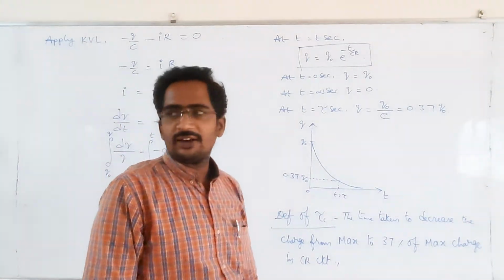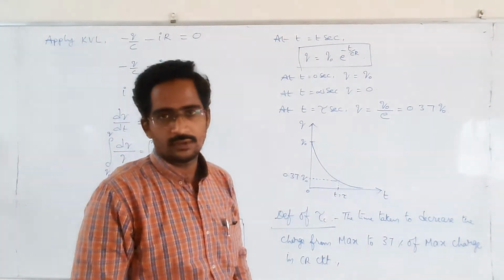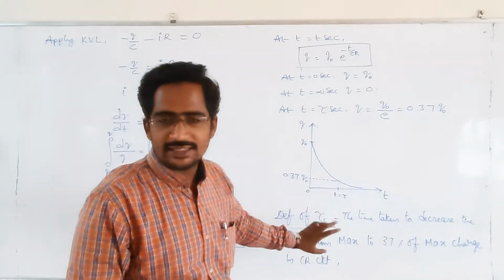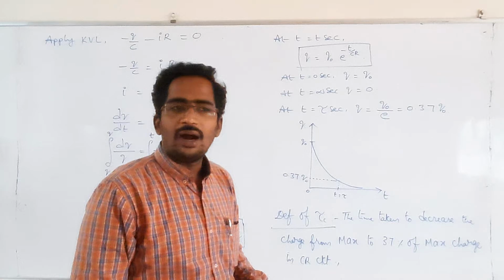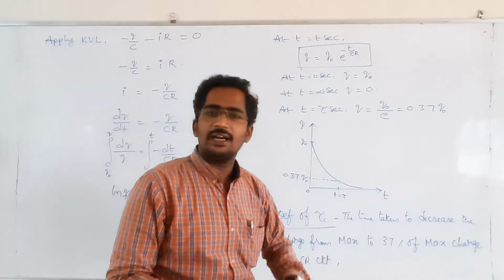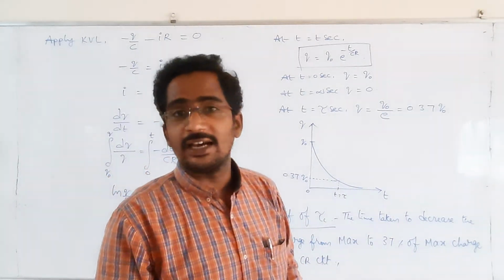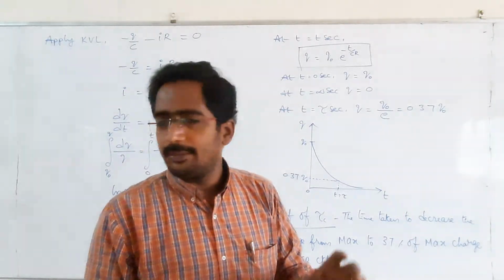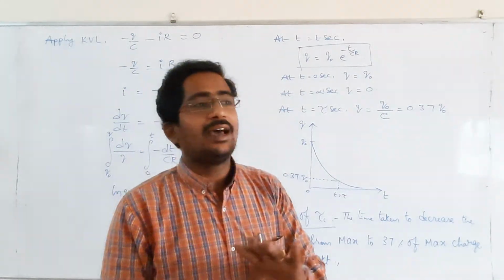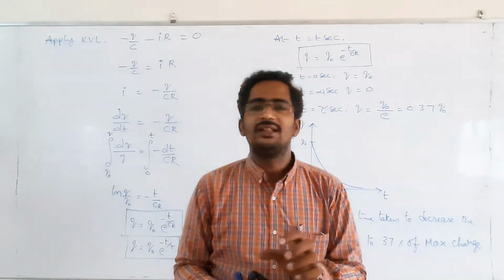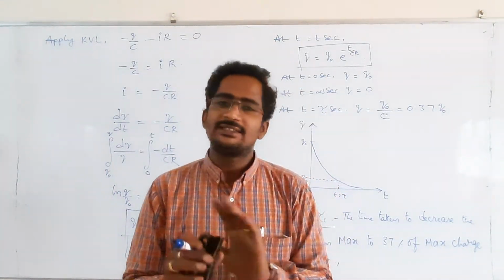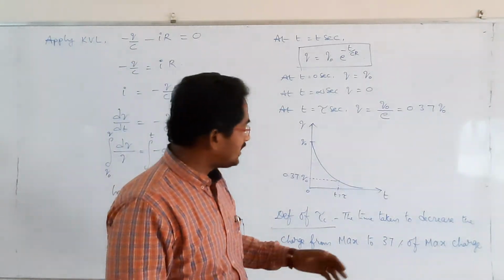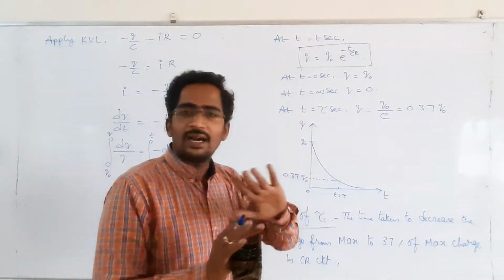This is the definition of the capacitive time constant. We already studied it earlier during growth of charge in the CR circuit. There is a little difference between there and here, but the time interval is the same. You can write the definition of tau either way, both are correct.